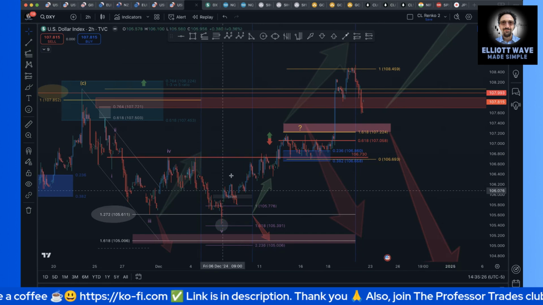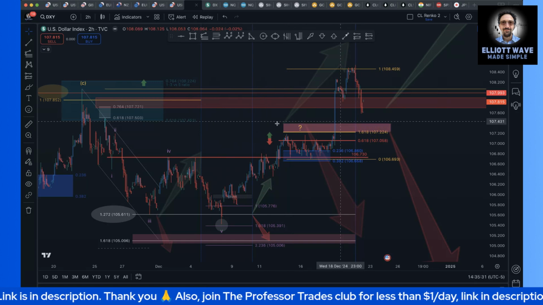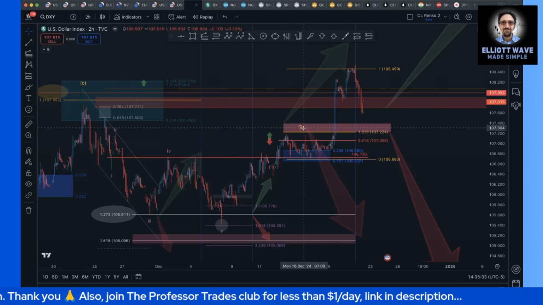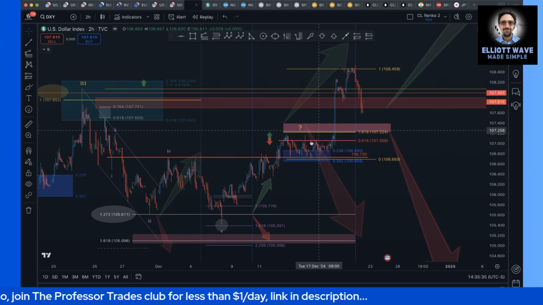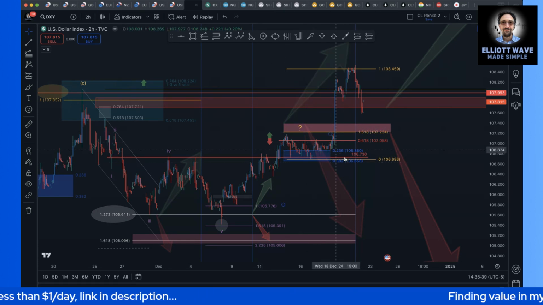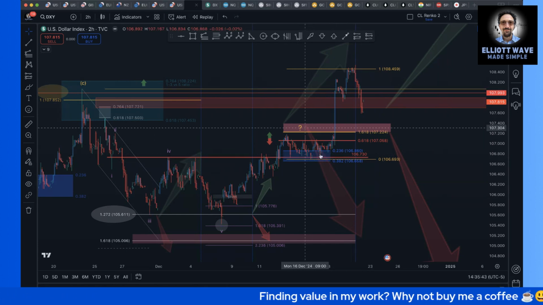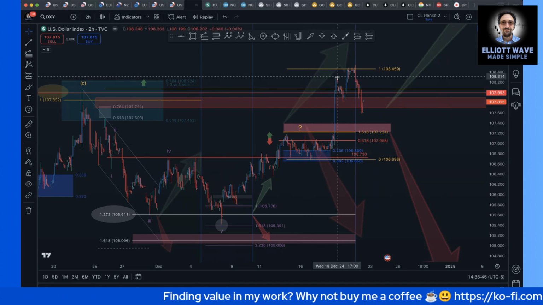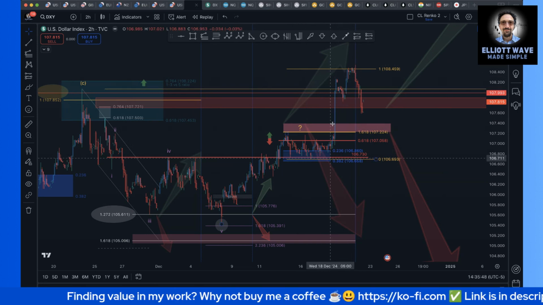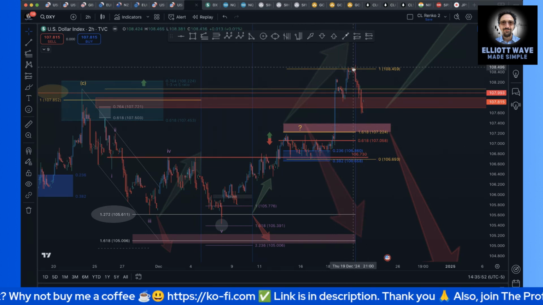So if I consider this the top of wave 3, now this zone, you guys know, if you've been following me, I've been talking about this zone all last week. It's either going to break out or break down. So if this was the top of wave 3, this blue area held for wave 4, and this is actually wave 5. So this is wave 3 of 5. Okay?